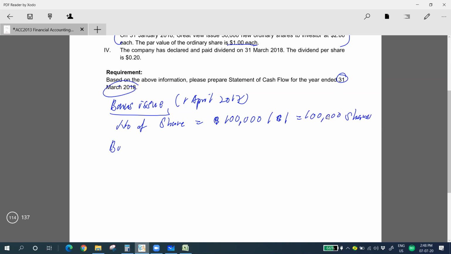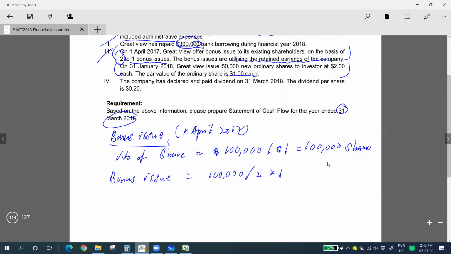And our bonus issue. Our bonus issue is based on 100,000 shares divided by 2 times 1. If you have 2 shares, I give you 1 bonus share. And the value of a share is $1 each. So the answer is 50,000. This is the value of the bonus issue.